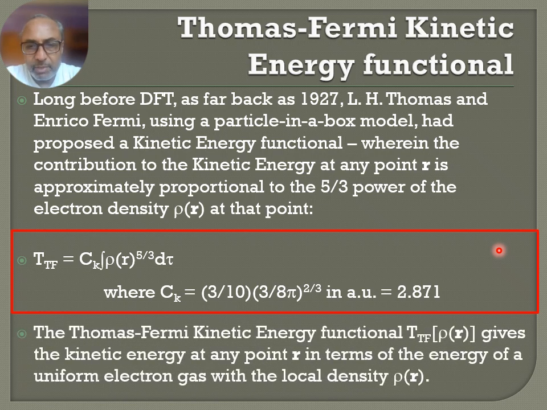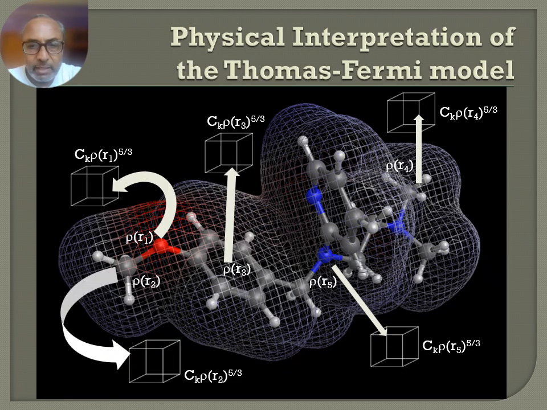This Thomas Fermi kinetic energy functional gives the kinetic energy at any point r in terms of the energy of a uniform electron gas with the local density rho of r. So if we consider a molecule like this, the kinetic energy at this point is given by the kinetic energy of a particle in a small box at that point, and that is Ck times rho of r1 to the power 5/3.